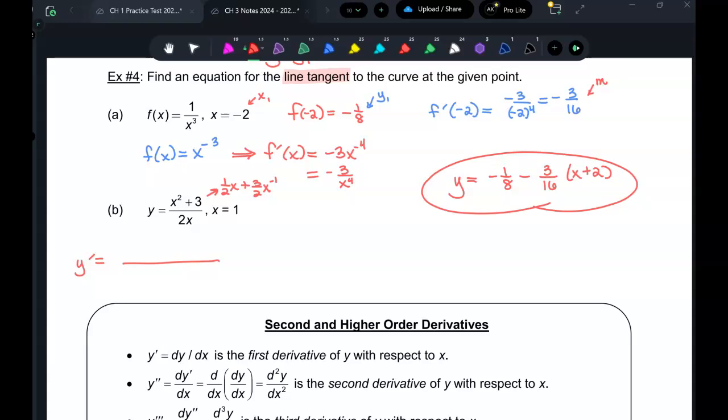Okay. So we have low 2x, d high 2x, right? Take high, x squared plus 3, d low, 2. Cross the line, square the low.